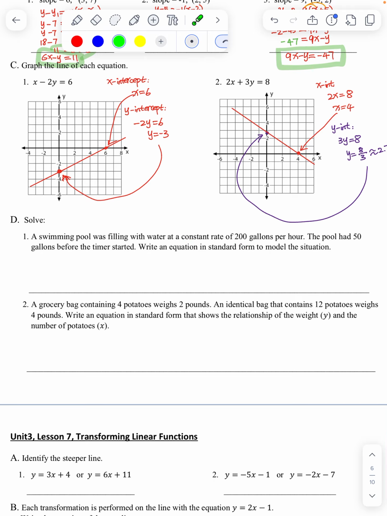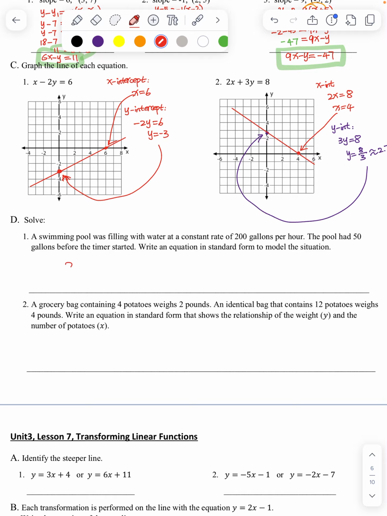The pool had 50 gallons before the timer started. Write an equation in standard form to model the situation. I'm thinking the swimming pool is filling with water at a constant rate of change.